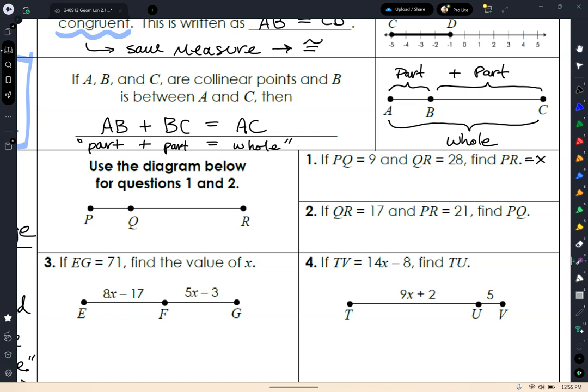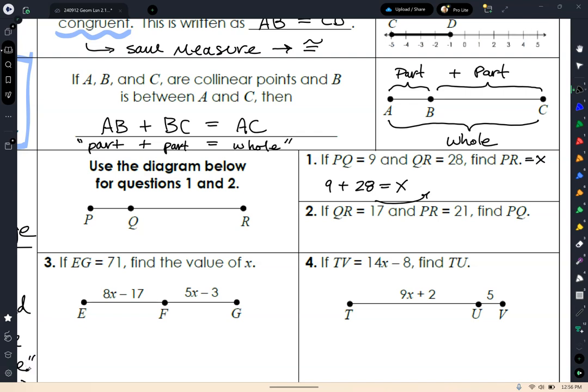Write me a segment addition problem that helps me find the value of PR. That's what I asked you to do, right? Then once we have that, we can find the value of PR, right? Then this is just our solving here.